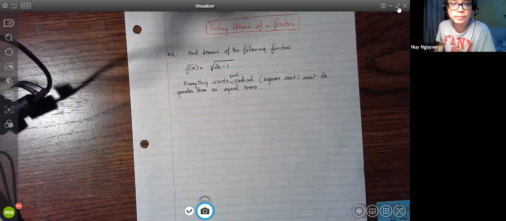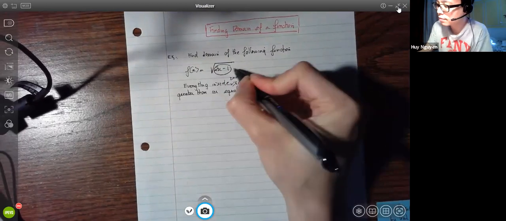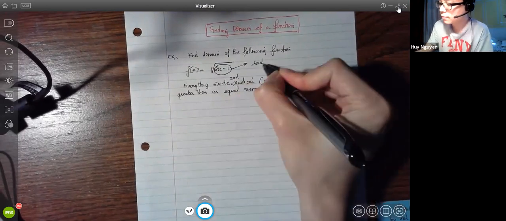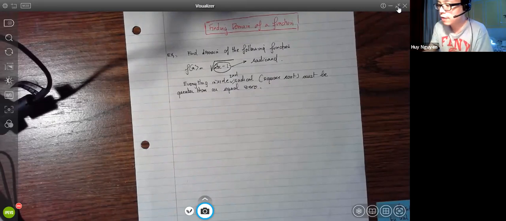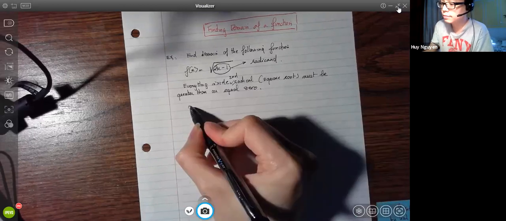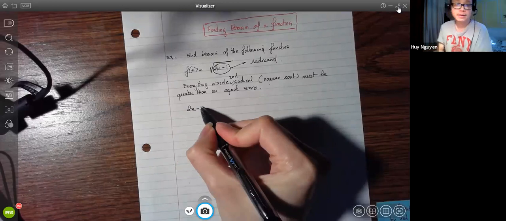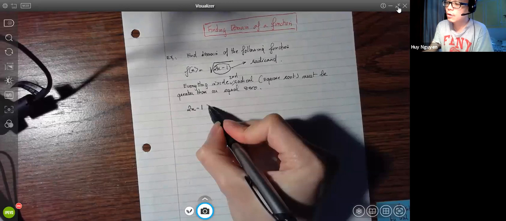In other words, this is called the radicand. Radicand must be greater than or equal to 0. So in order to find the domain of this function, I'm going to set up the radicand, 2x minus 1, greater than or equal to 0.